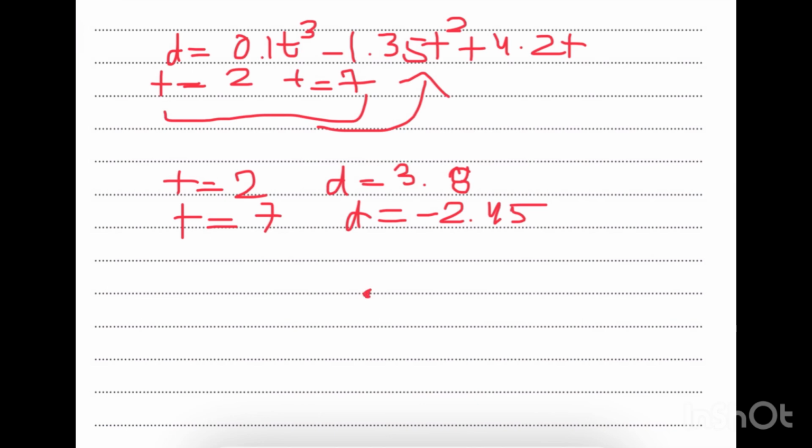So we started at point O, and then at t equal to 2, we were 3.8 meters from point O. And then when t is equal to 7, we find that the particle is now 2.45 meters to the left.